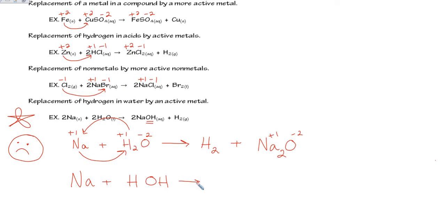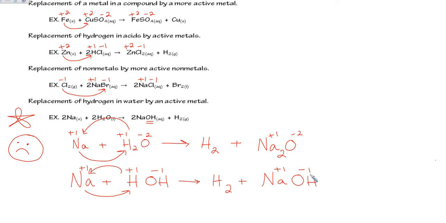So now if you have +1 sodium, +1 hydrogen, -1 hydroxide, and you make the switch, we were half right. We're still going to get hydrogen diatomic, but then our other product is sodium hydroxide, +1 -1.